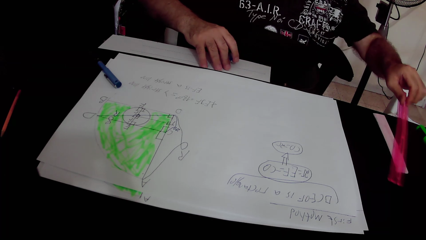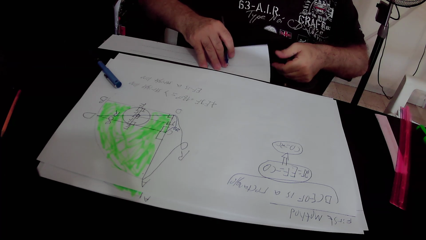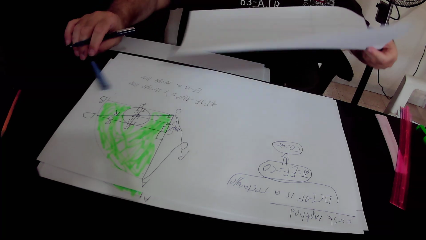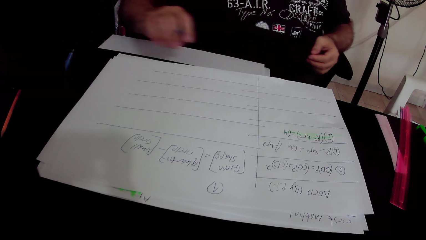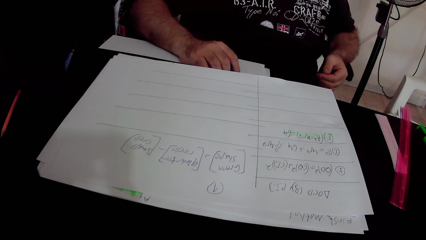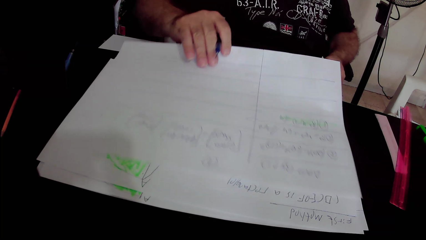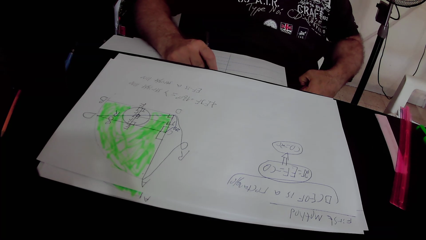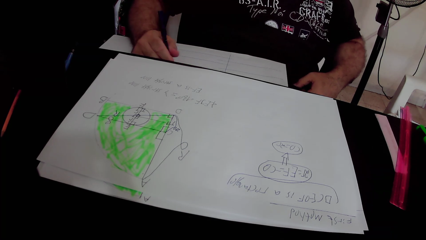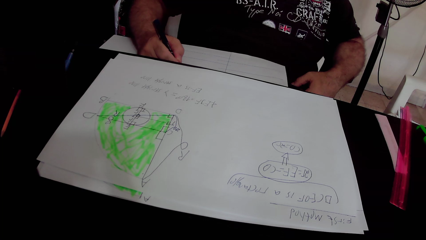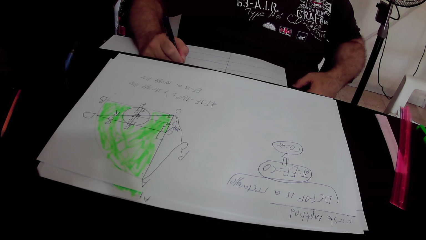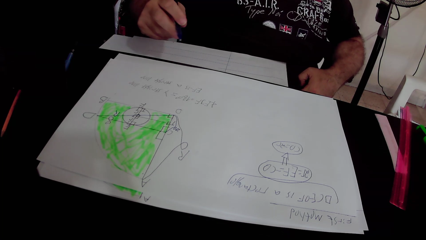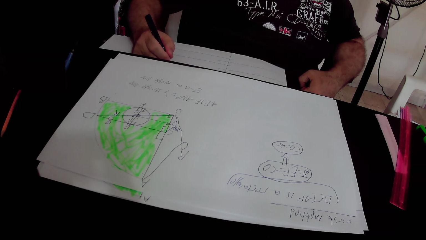I repeat again, the area of the ring shape equals the area of the quarter circle minus the area of the small circle. So the area of the quarter circle will be equal to pi times capital R squared over 4, minus the area of the circle, that is pi R squared.